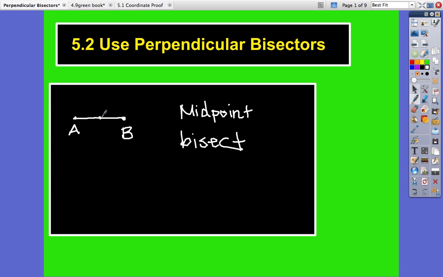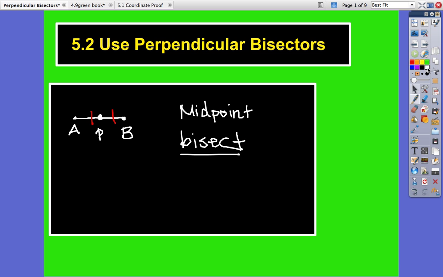So a midpoint would be right in the middle. Let's call it P. Since it bisects, that means that it splits it into two congruent parts. So AP would be congruent to PB. So a midpoint bisects. Now, midpoints are not the only things that bisect segments.